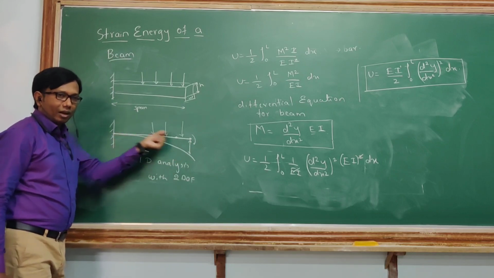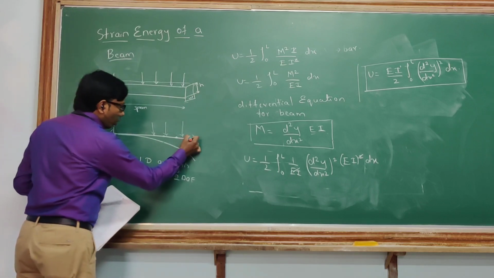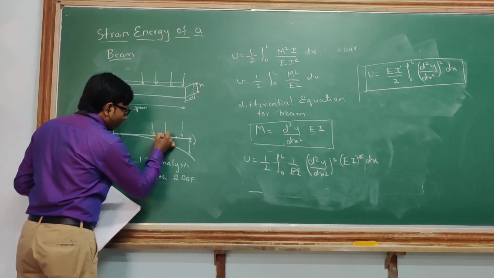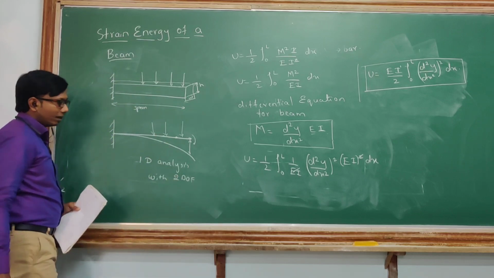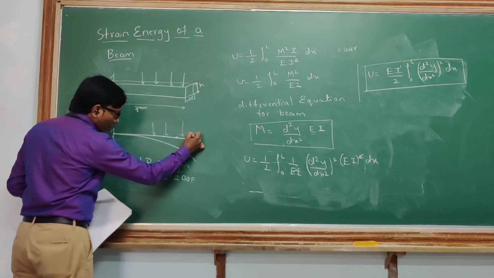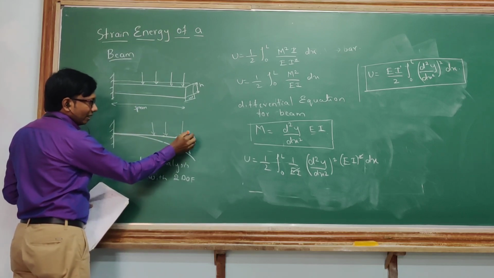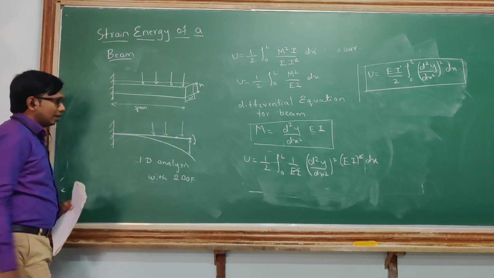It has a curvature. The curvature happens because the node has 2 degrees of freedom. One is the vertical downward displacement and one more is the rotation about the z axis.